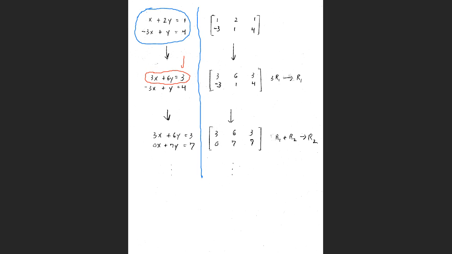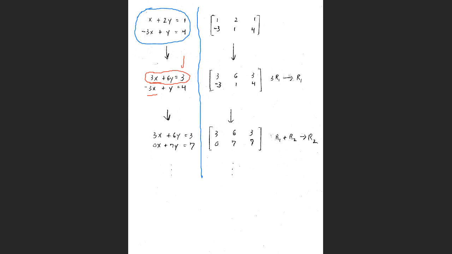So why did I choose 3? Why didn't I multiply the first equation through by 4? That's right, because I want to cancel out my x terms. So I end up with a 3x here, and I already have a negative 3x in the second equation.